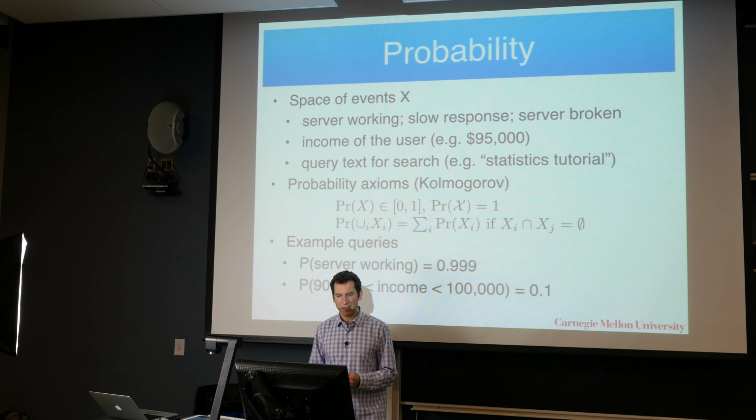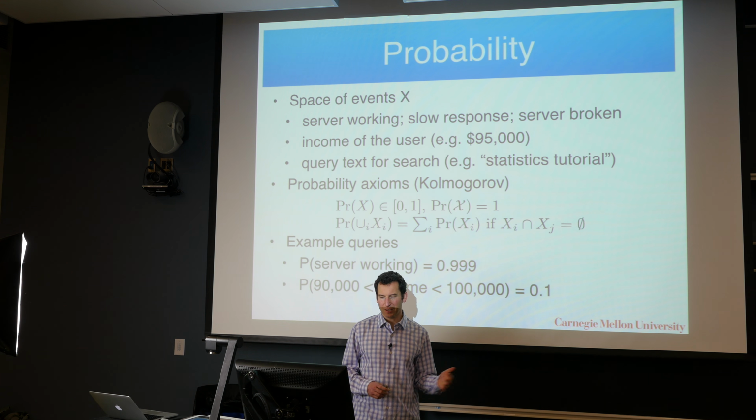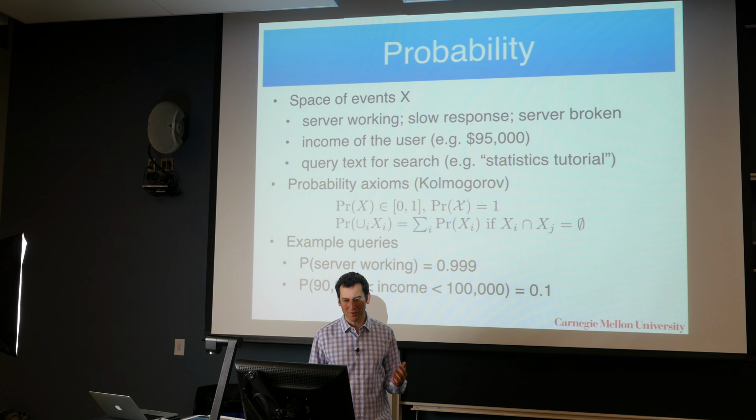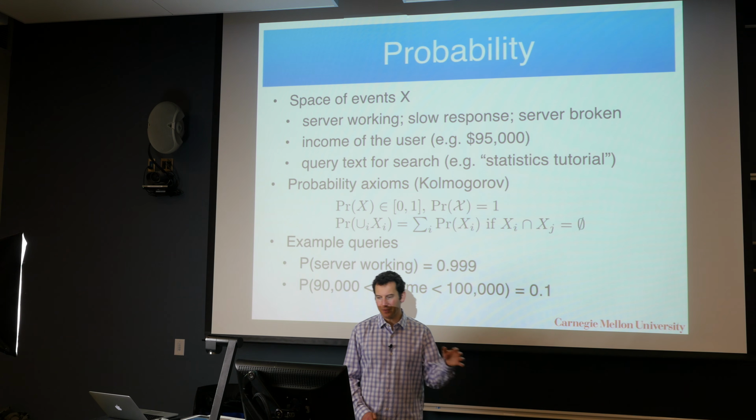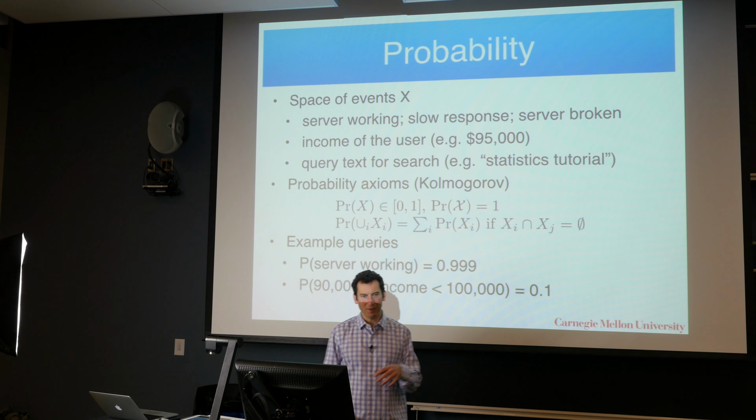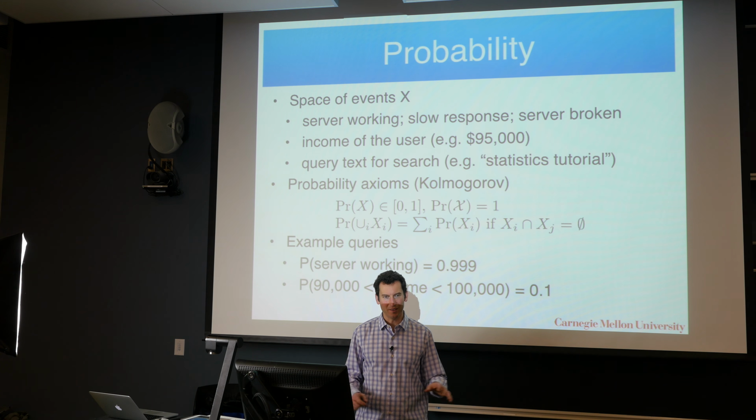These are the probability axioms of Kolmogorov. Now, for instance, I could have something like the probability that my server is working is 0.99. I could also have something like the probability of the user having an income between $90,000 and $100,000 is 10%.